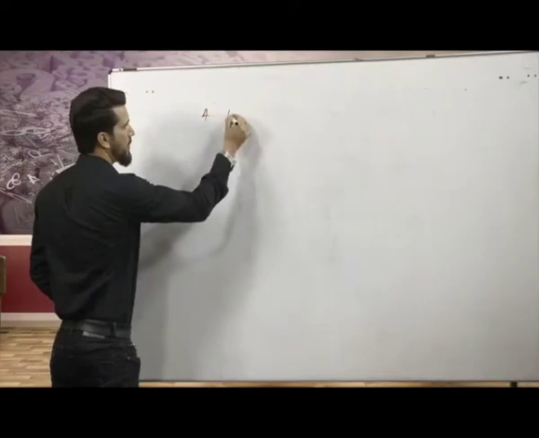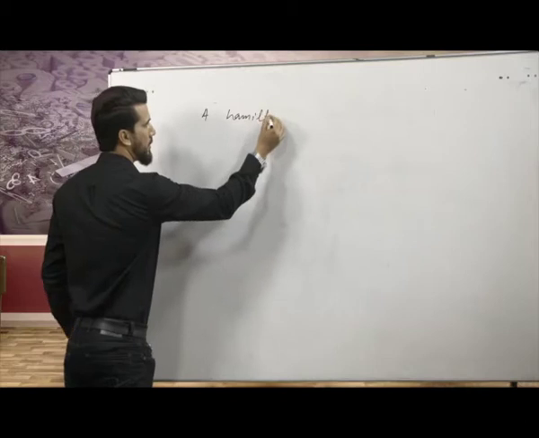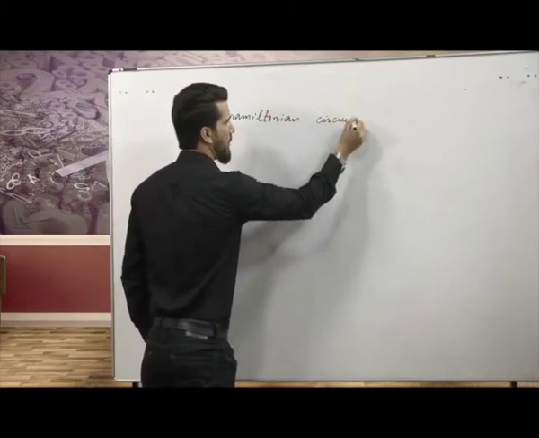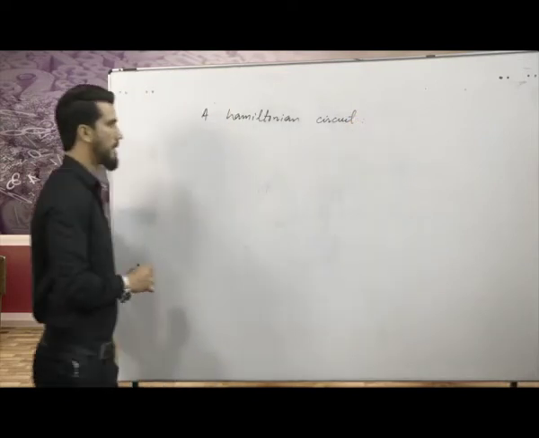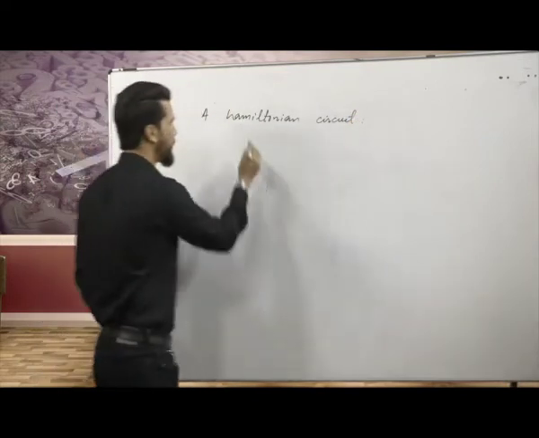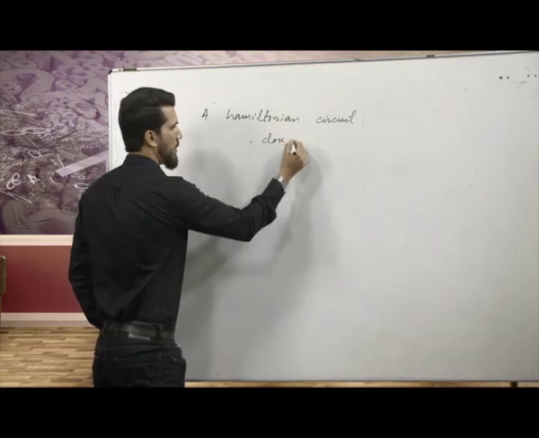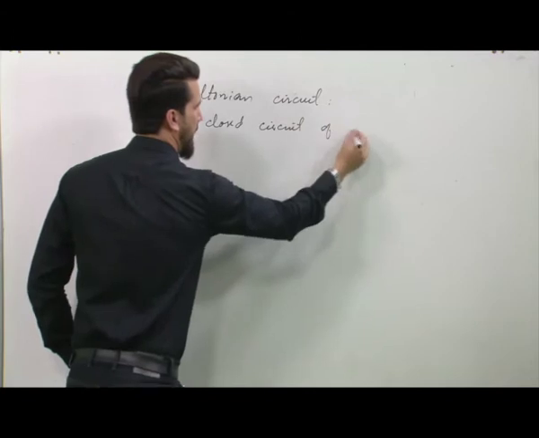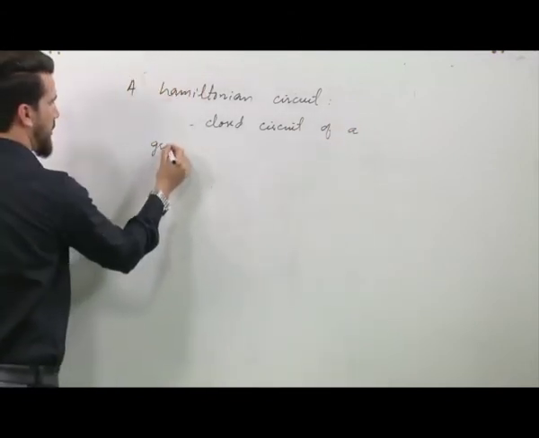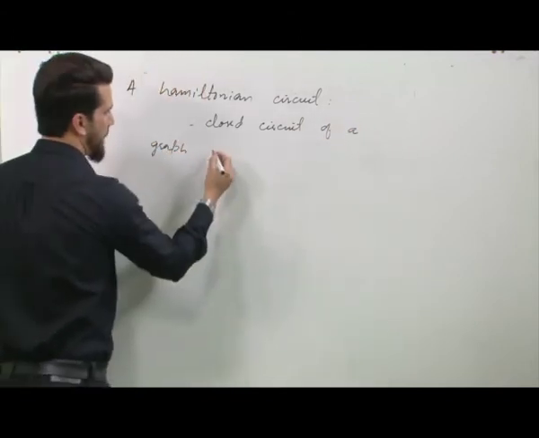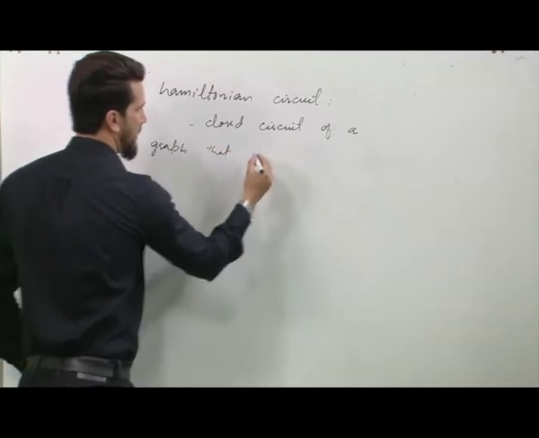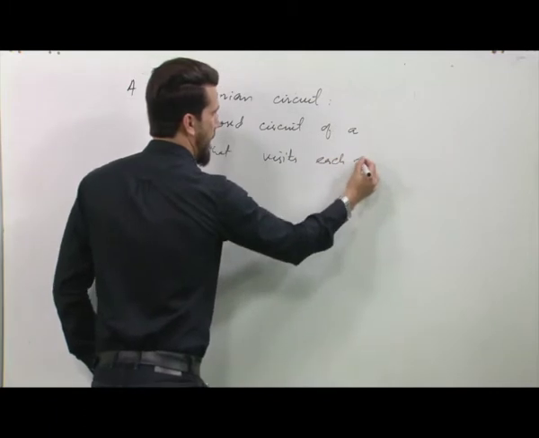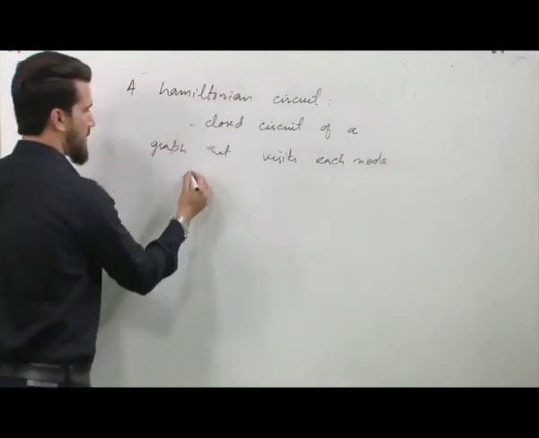A Hamiltonian circuit is a closed loop or a closed circuit of a graph that visits each node exactly once.